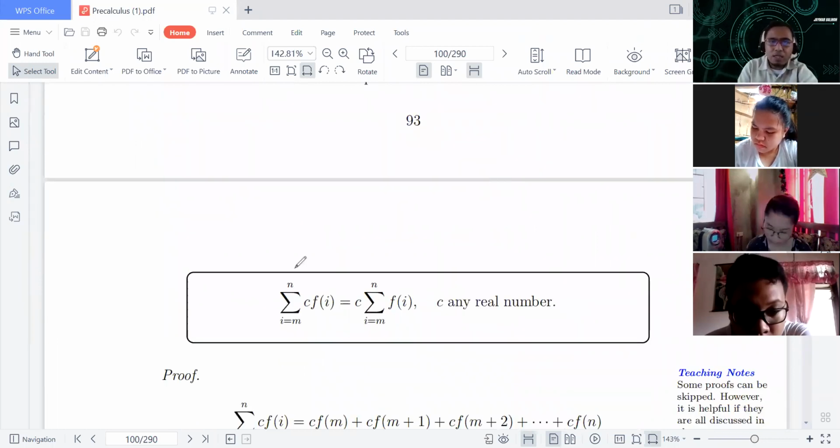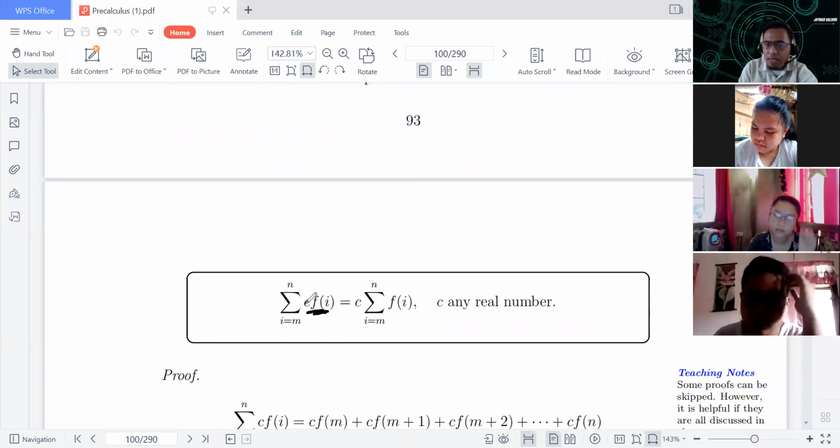The next formula is if you have a constant, then you have a function. If you have summation of a constant times another function, where i ranges from any value m until n, that constant can be set aside.